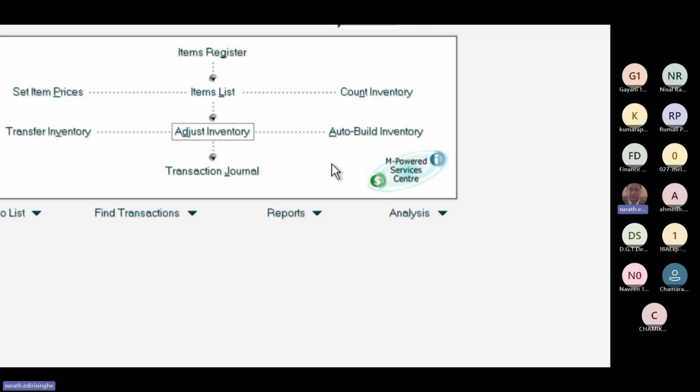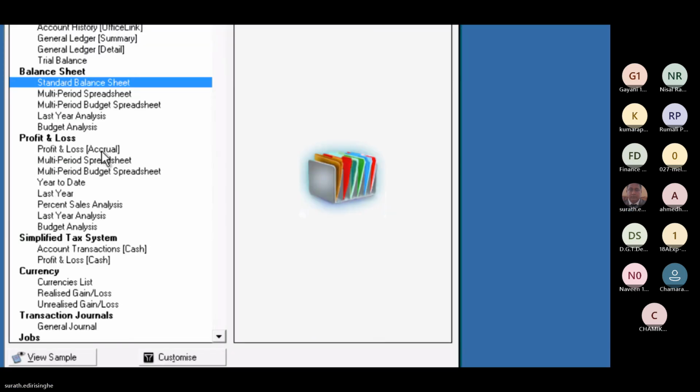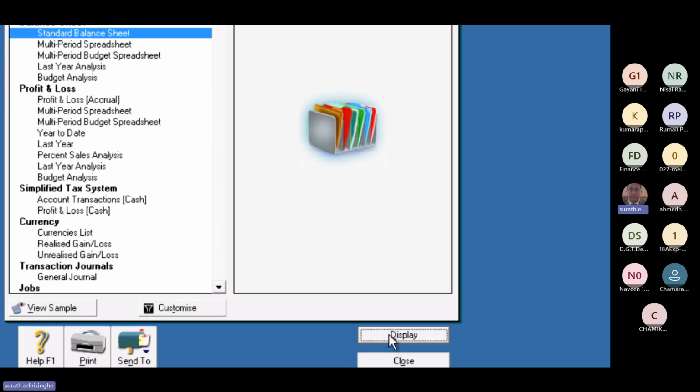In the report section, accounts, standard balance sheet. Because the property, plant and equipment are recorded in the balance sheet, no? Standard balance sheet. Then display.